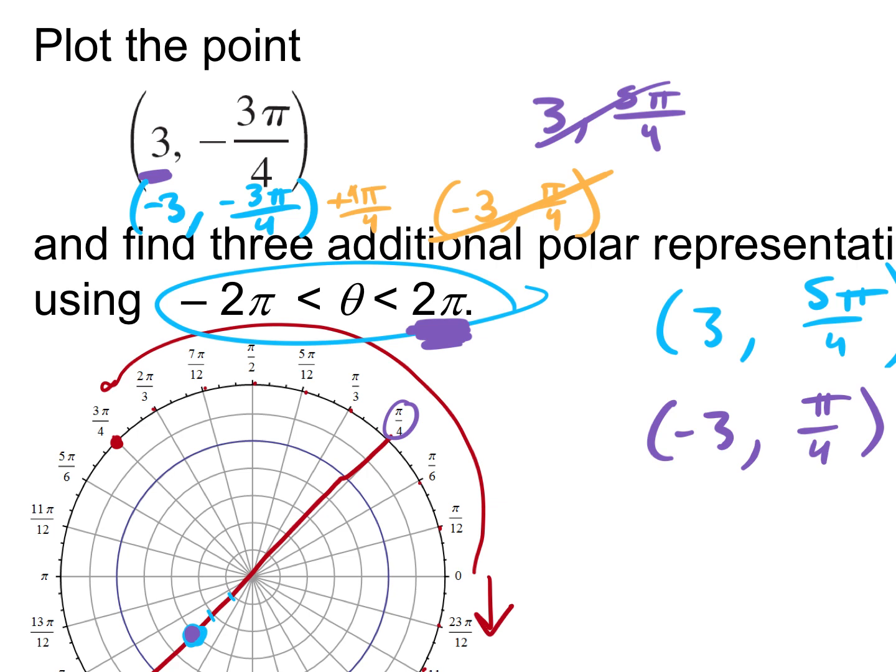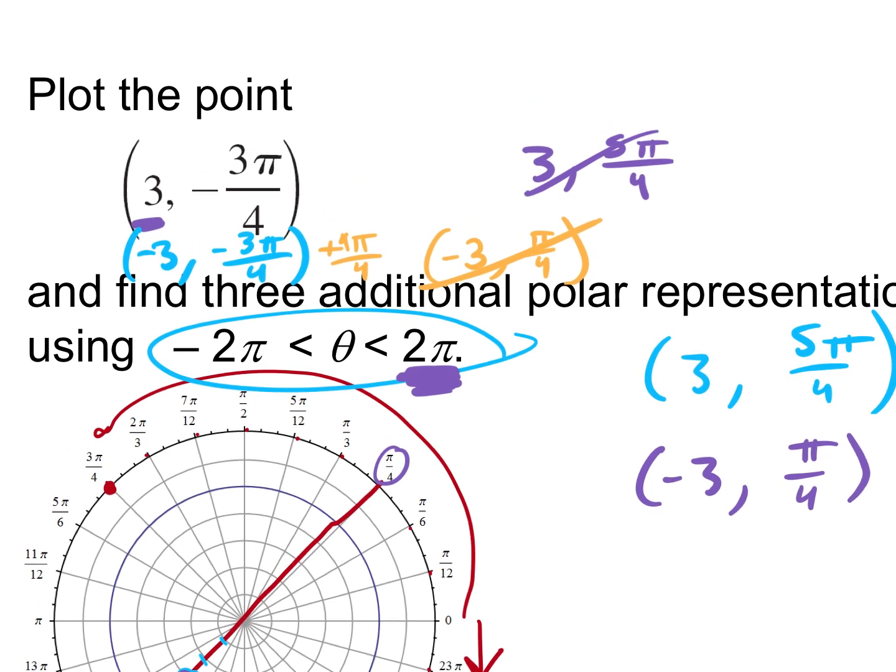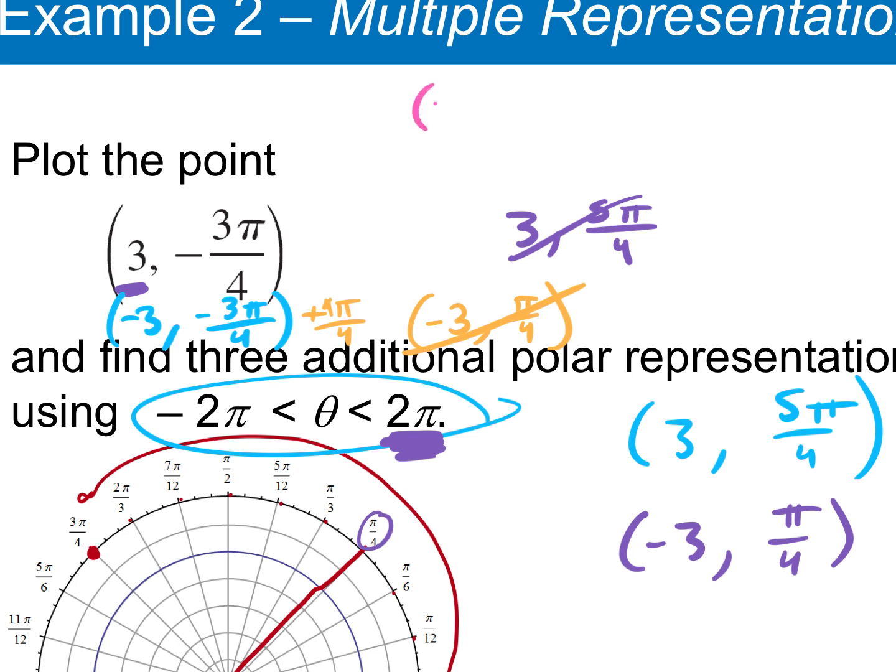But what else could I add or subtract? So again, if we change the sign, change it to -3, what else could I add or subtract to still be within that domain window? I could add 3 pi, let's try. To make this 12 pi over 4.